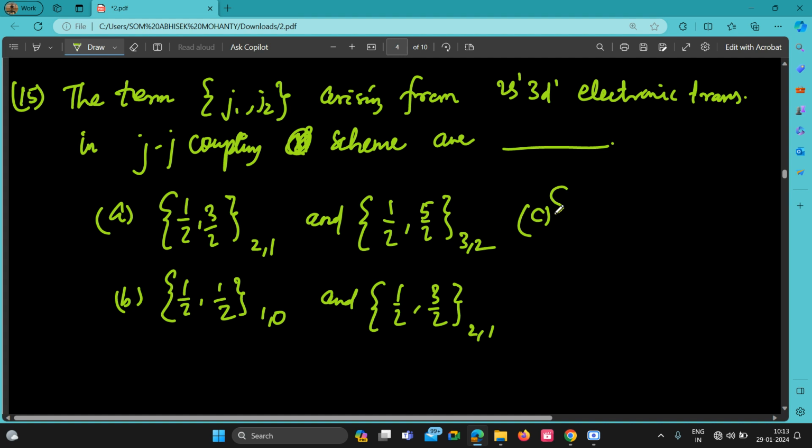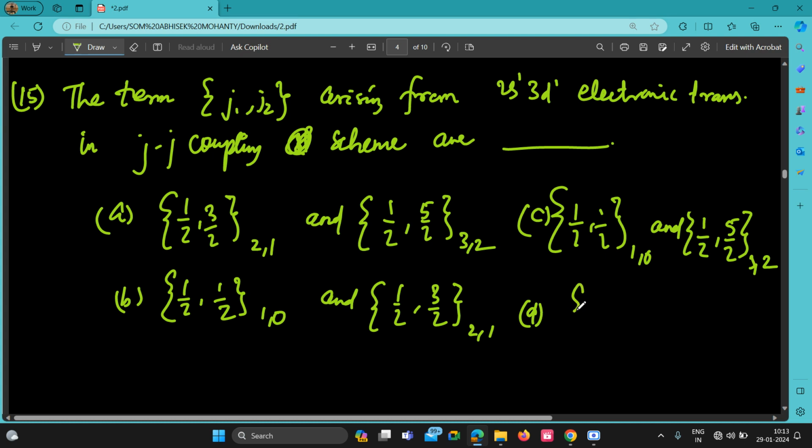Option C, 1 by 2, 1 by 2, 1 0, and 1 by 2, 5 by 2, 3 2. Option D, 3 by 2, 1 by 2, 2 1, and 1 by 2, 5 by 2, 3 2. Yeah, these are the options.